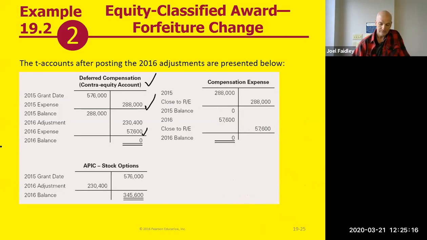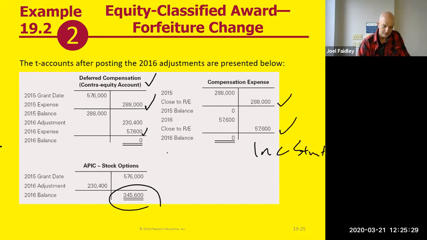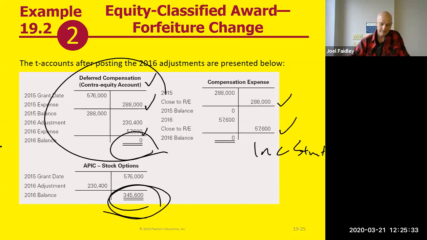So the 230,400 needs to be zeroed out. There's my compensation expense. Gone to my income statement. And there's my stock options balance. All right, deferred comp is 0. That's all that's left, sitting there in my equity. I've taken this equity and I've taken it to my income statement. That's compensation expense.